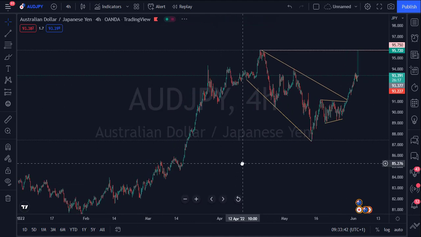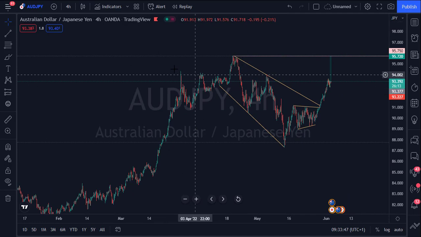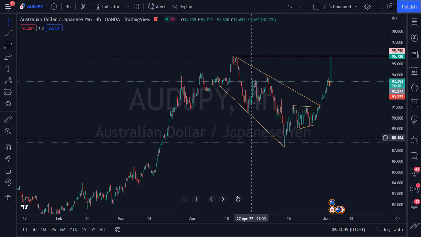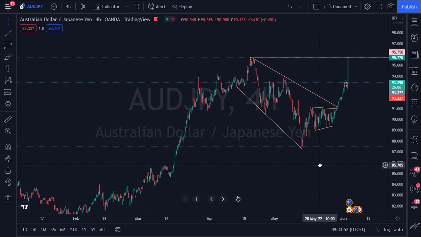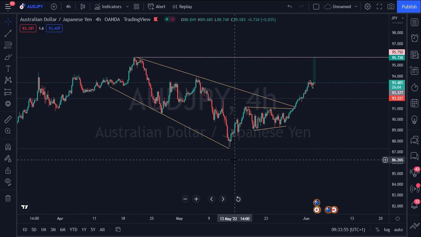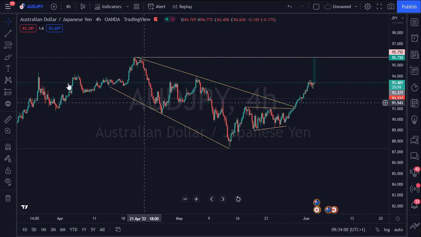Now in this time frame, what do I see? I already marked this descending channel on the daily time frame. On the 4-hour time frame, I see another impulse and correction. I see an impulse right here.